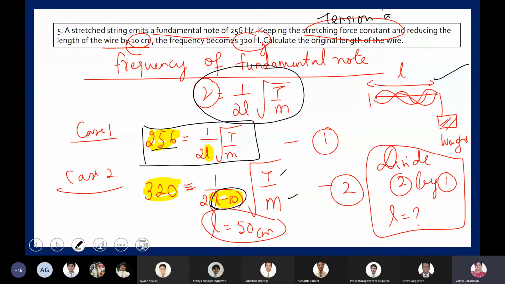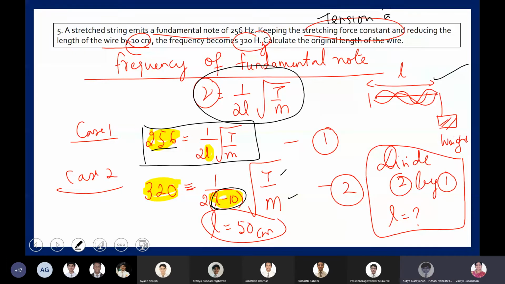What is the value of L? Ma'am, is it 10 centimeter, and then if we have to convert that to meter, right, ma'am? Is it not 50 centimeter? Sorry, ma'am.